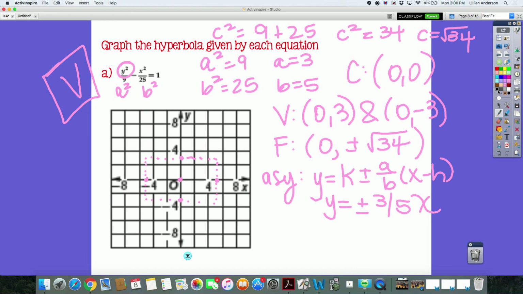But the one thing is that we make this box to let us know that one point on the asymptotes is actually the corner of each box. That's why we draw it out. Because if you think about it, if I go up 3 units and over 5 units, I'm right at that corner. So that box really just helps us graph our asymptotes just in case we forget how to go about finding it.